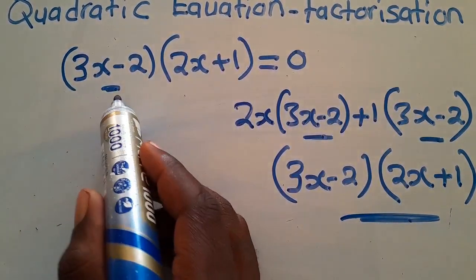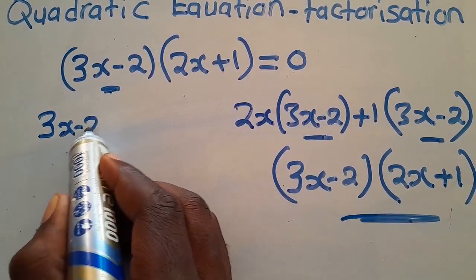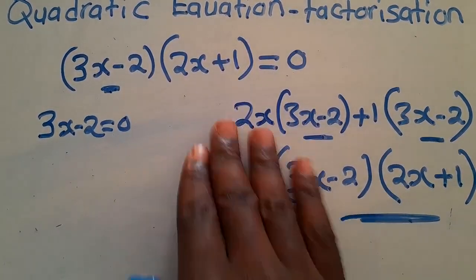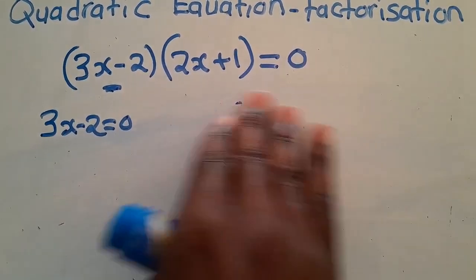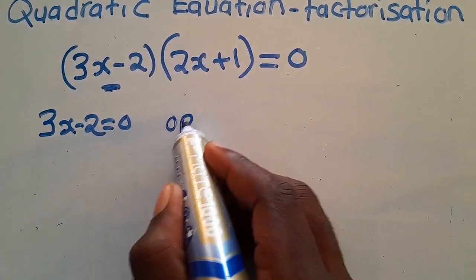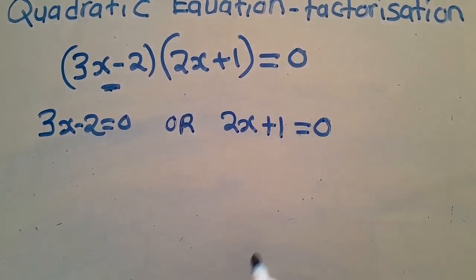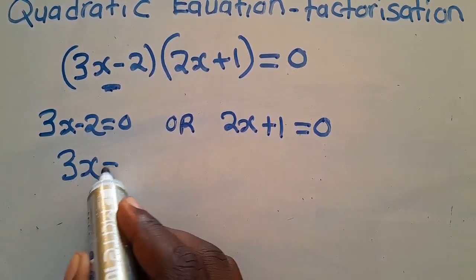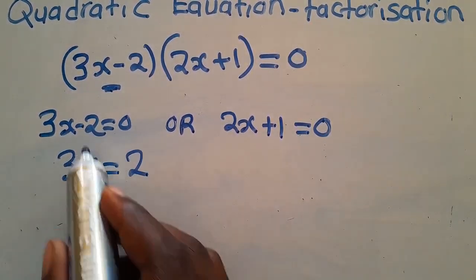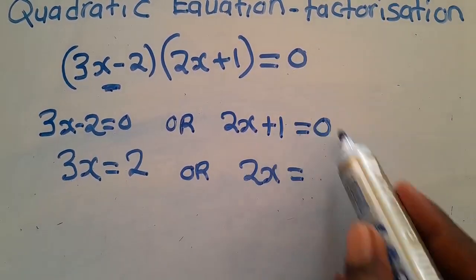After you get this part, you equate it to 0. So 3x minus 2 is equal to 0. Then you also get this part: 2x plus 1 is equal to 0. So you solve this. 3x is equal to 2. Or 2x is equal to negative 1, when that one goes aside.